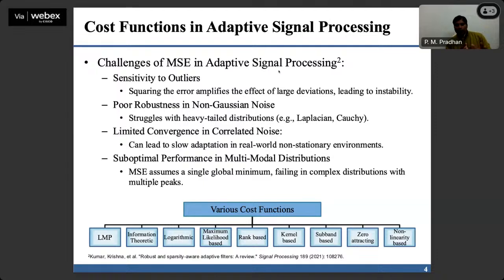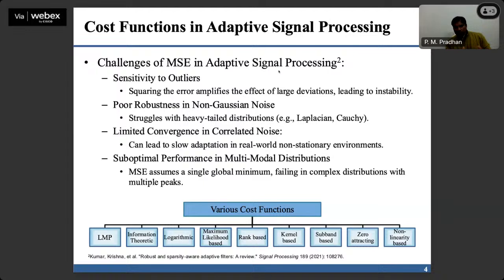But there are some problems where there are multiple minima, out of which one would be a global minima. Similarly, there is a possibility that there could be multiple global minima. Wherever you have a multiple global minima or global maxima scenario, your mean square error will fail.